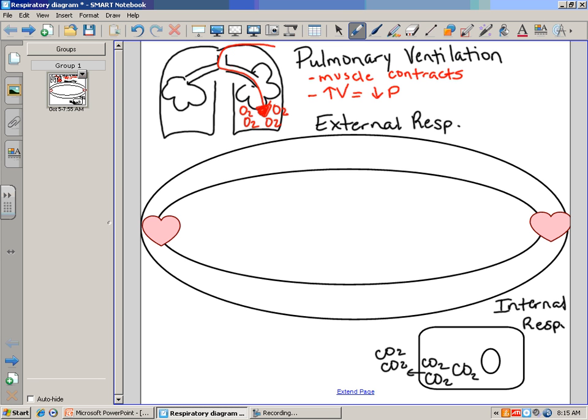That's the first part. Does everybody understand that? Okay? So we have high pressure outside the lungs. We have low pressure in the lungs. So air flows from high pressure outside the body to the low pressure inside the lungs.